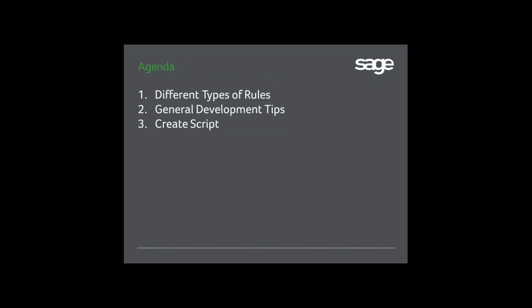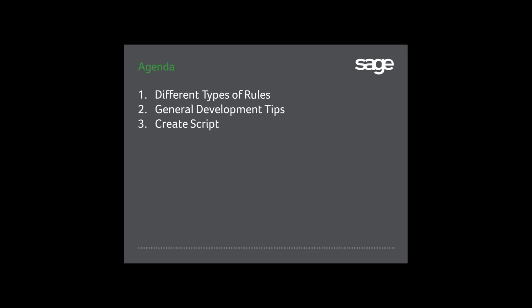We've got to deal with three broad areas inside this course, two of which I explicitly teach and one of which is implicit within everything that we do. The first that we need to look at is the different types of rules that exist within Sage CRM.